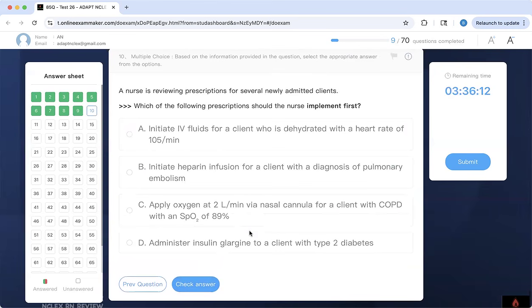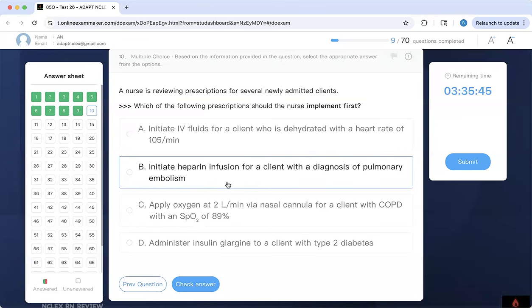Whose condition is worse? Which of the following prescriptions should the nurse implement first? A nurse is reviewing prescriptions for several clients. The one you implement first is the one that is going to help the patient most. Initiate IV fluid for a client who is dehydrated with a heart rate of 105. Initiate heparin infusion for a client diagnosed with pulmonary embolism.